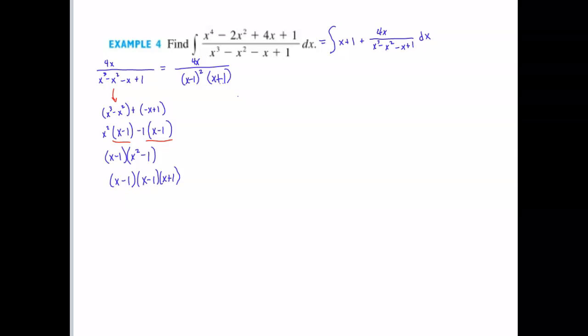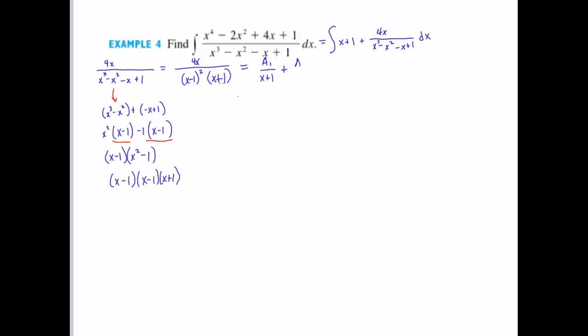Okay, and now we're ready to try and decompose this rational expression. So let's go ahead and do that. I'll do A1, and I'll put that over the unique factor, the x plus 1. It doesn't matter what order you do this in, either.